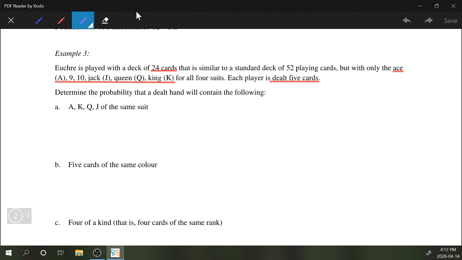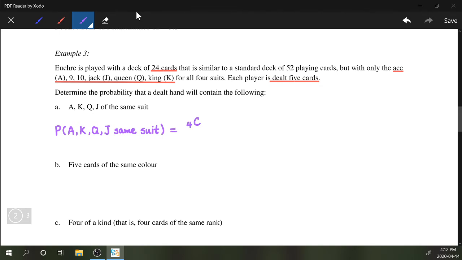So the first question asked to determine the probability of a dealt hand with ace, king, queen, and jack of the same suit. So the probability of that would be, let's see, I'm just going to write it out. Now, in a deck of cards, there are 4 suits. So I'm going to choose one of them.